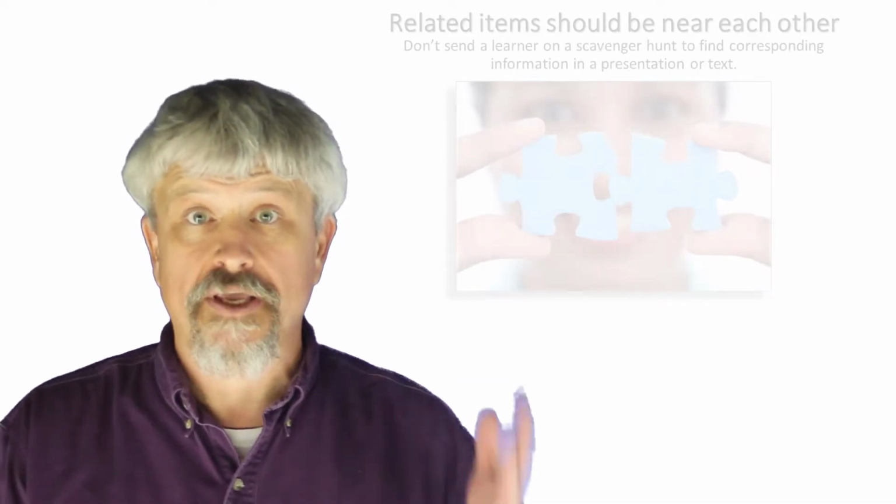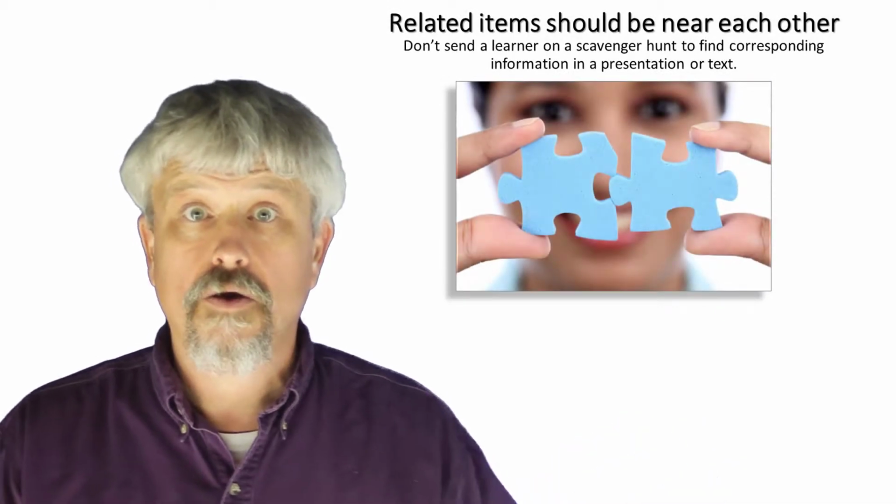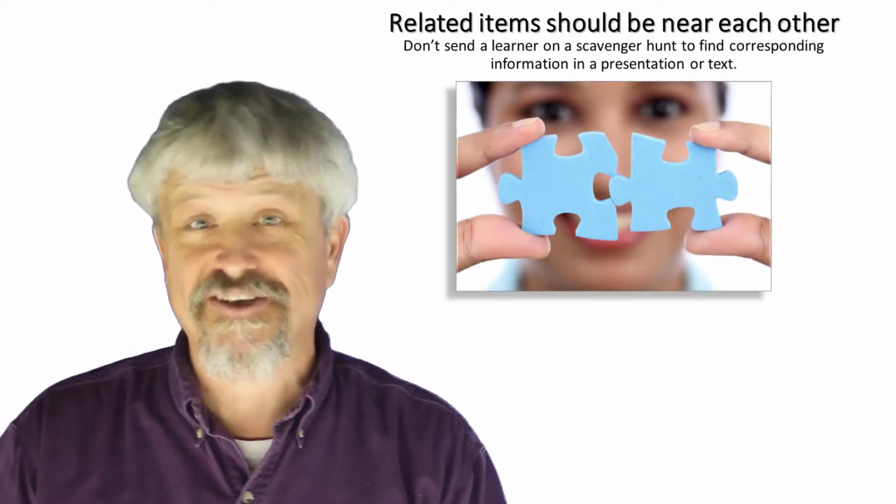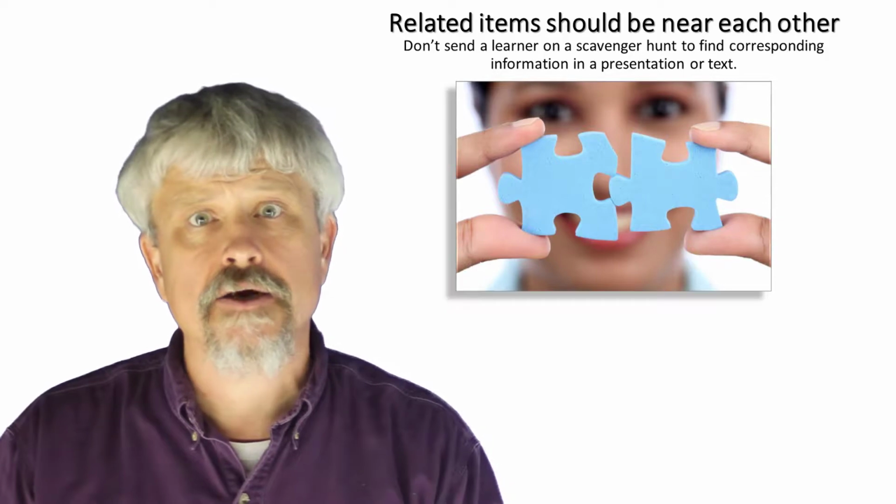Another principle informed by these theories is the spatial contiguity principle. Related items should be together. In this picture, we see two puzzle pieces, and the idea here is that, for example, if there's a picture on one page and the explanation on another page, the learner has to flip back and forth to try to keep all of that synchronized.